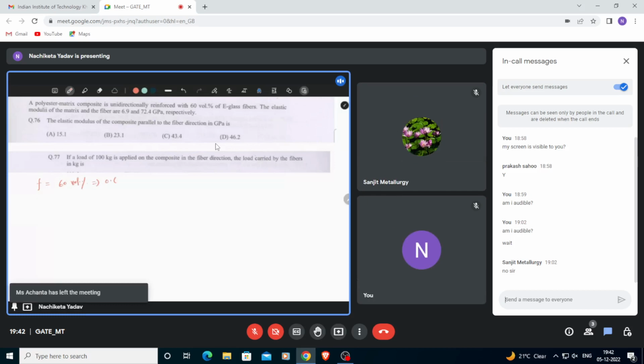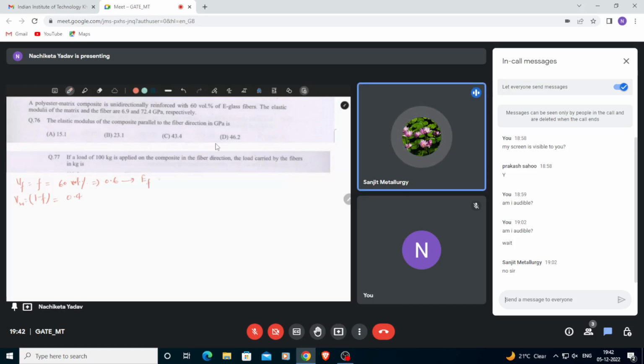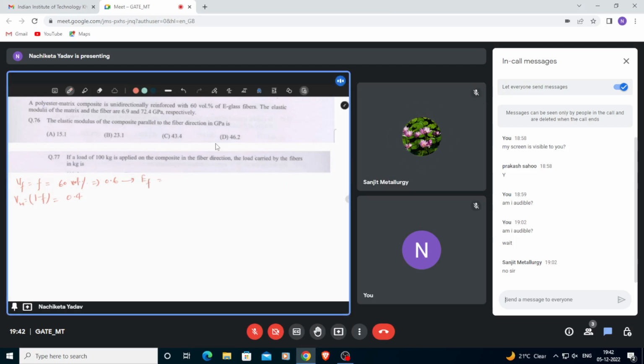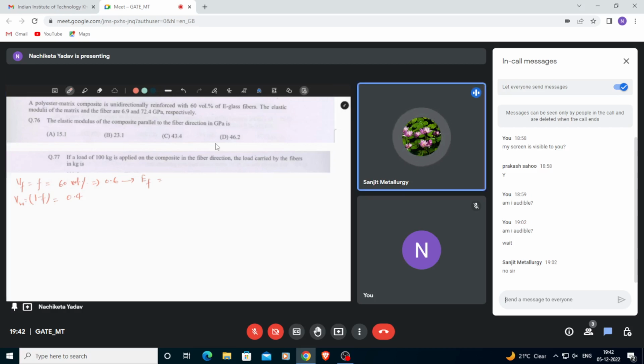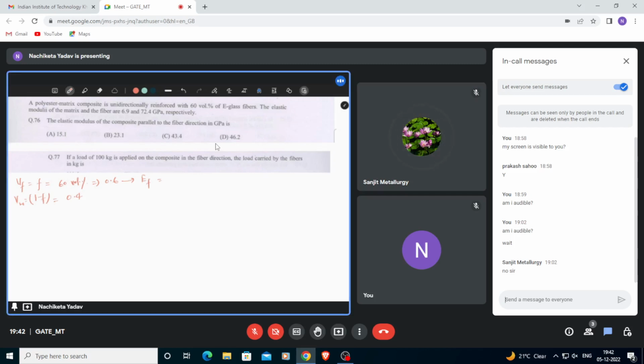So we can write 0.6, and for matrix it is 0.4. EF is given as 72.4 gigapascal, and for matrix EM it is given as 6.9 gigapascal.